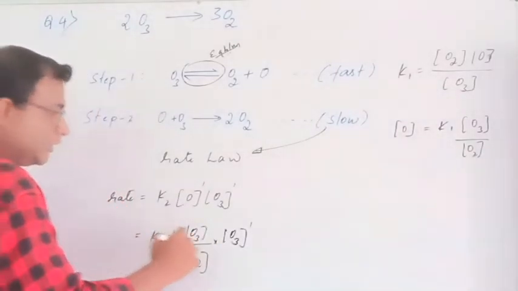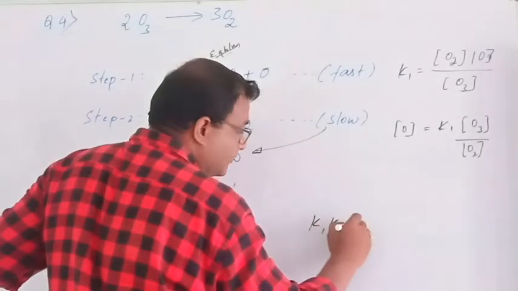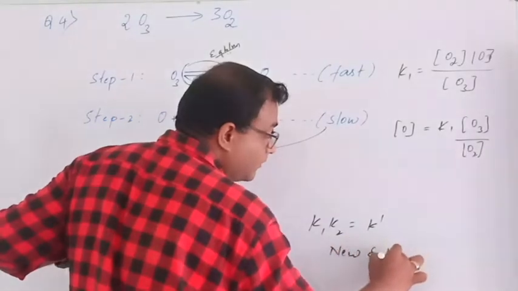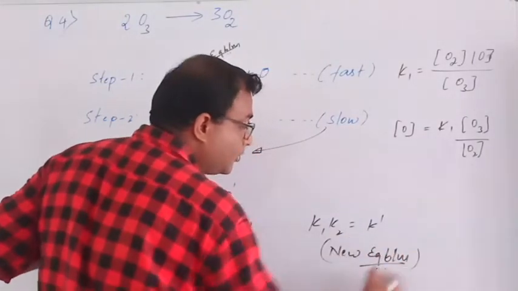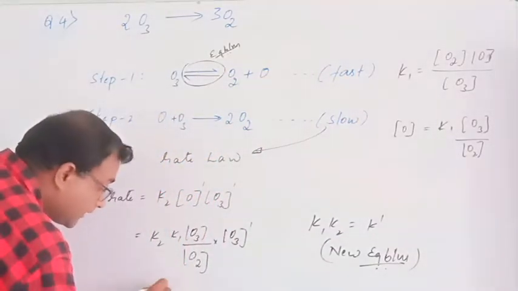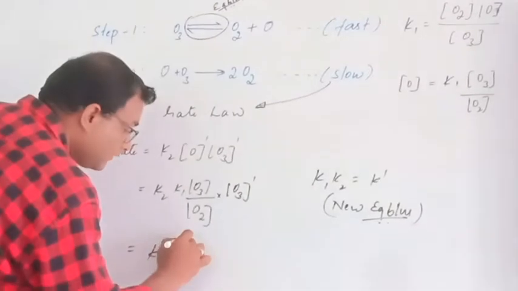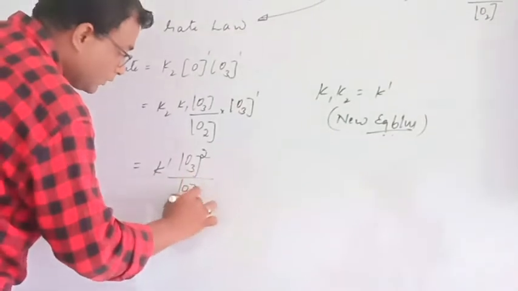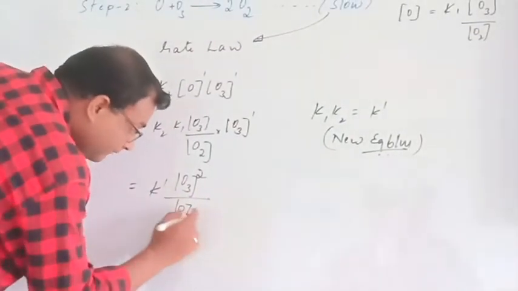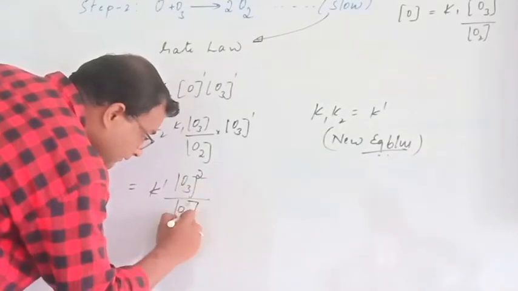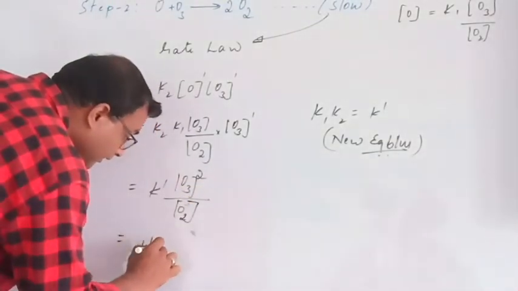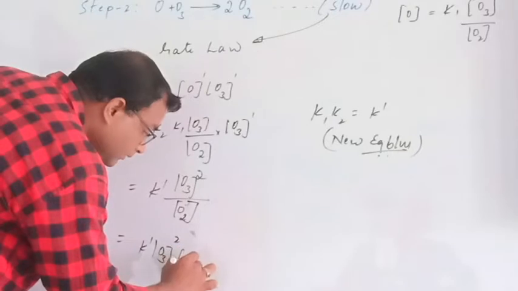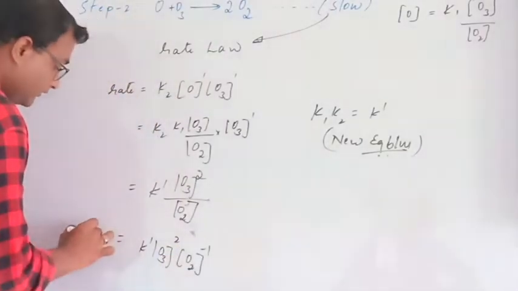Then we can write the new equilibrium constant. K1 into K2 is equal to K dash. So it is a new equilibrium constant. Then we can write K dash, O3 squared over O2, that is O3 power 2, O2 power minus 1. So this is the rate.